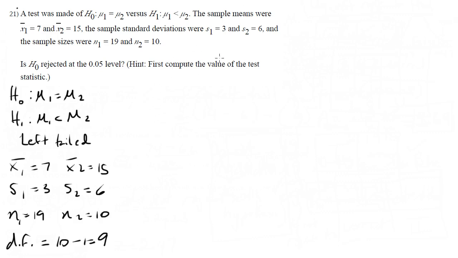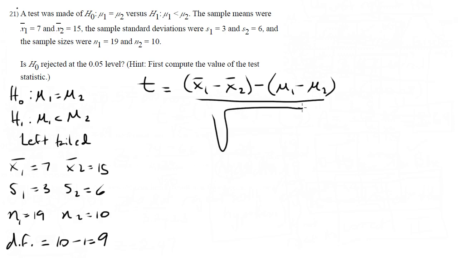So let's take the hint and compute the test statistic. x bar 1 minus x bar 2 minus mu 1 minus mu 2 over the square root of s1 squared divided by n1 plus s2 squared divided by n2.